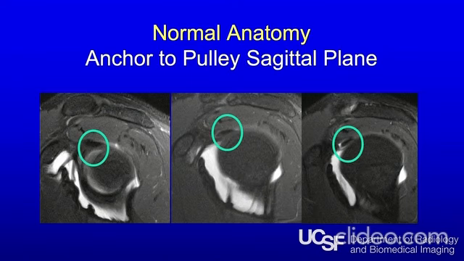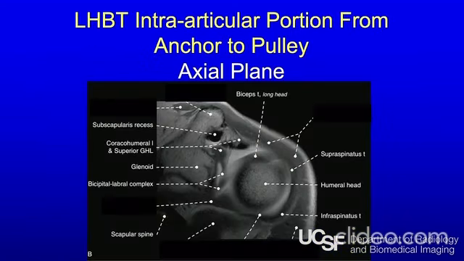And what's surrounding the biceps on our image on the right? See these little structures that are linear? That's the coracohumeral ligament on top and the superior glenohumeral ligament on the bottom on the right there. That's called the pulley, and that'll keep your biceps in place.